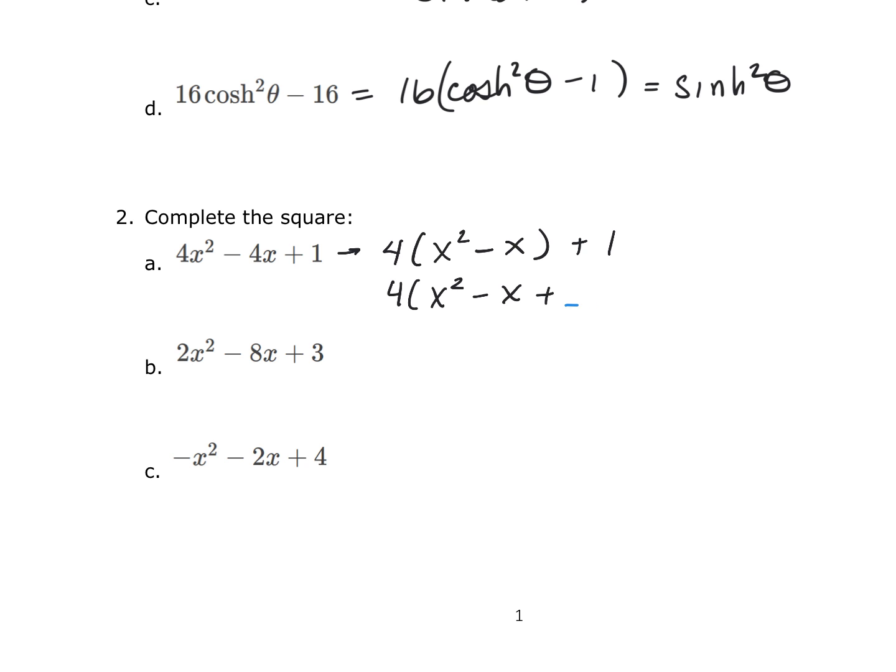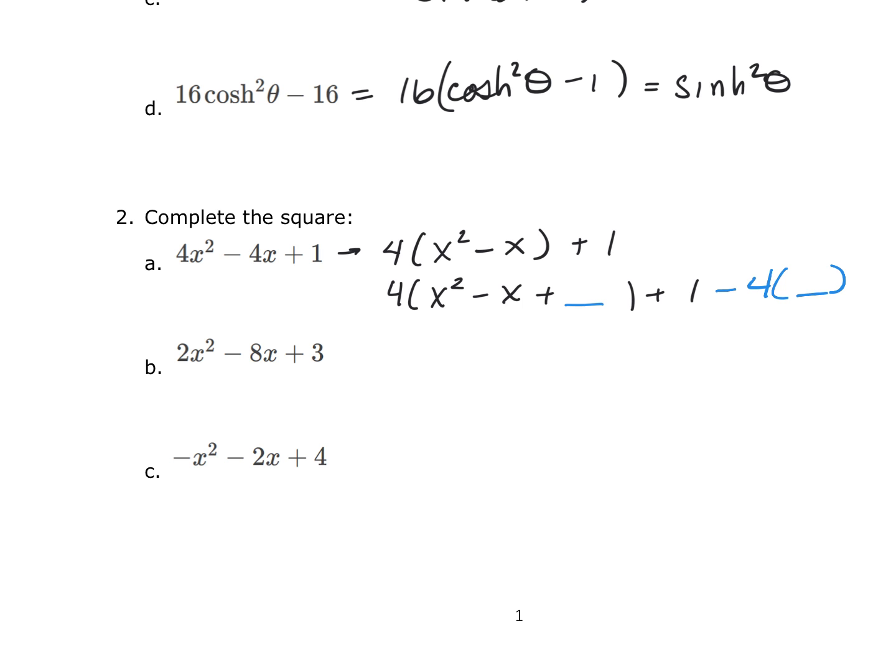I have to figure out what I need to add to x squared minus x to make it a perfect square trinomial so I can factor it as a complete square. Now, because I have added this blank, I have actually added 4 times that blank, and so I need to balance this by subtracting off 4 times that blank.